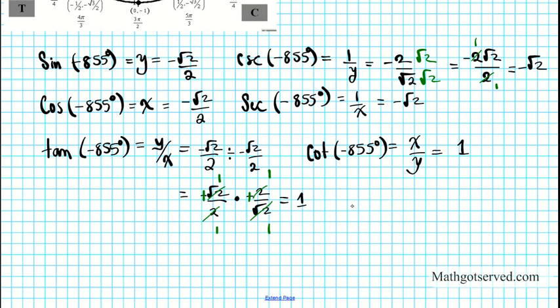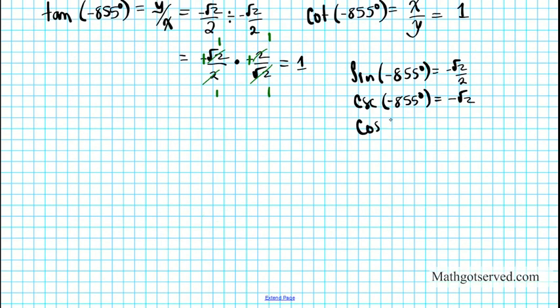So I know that sine of negative 855 is negative root 2 over 2. Cosecant of negative 855 is negative root 2. Cosine of negative 855 was the same as the sine, which was negative root 2 over 2.